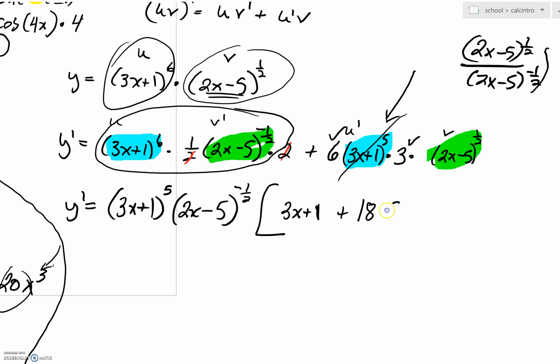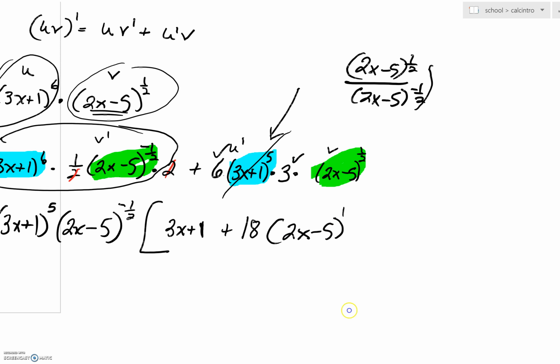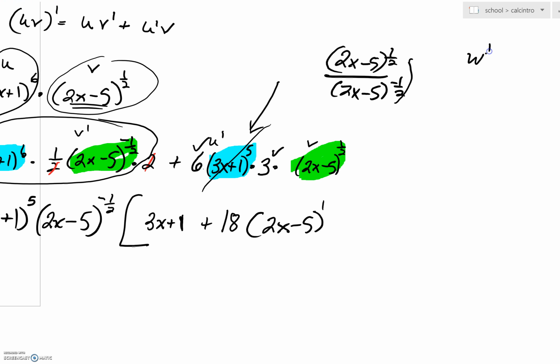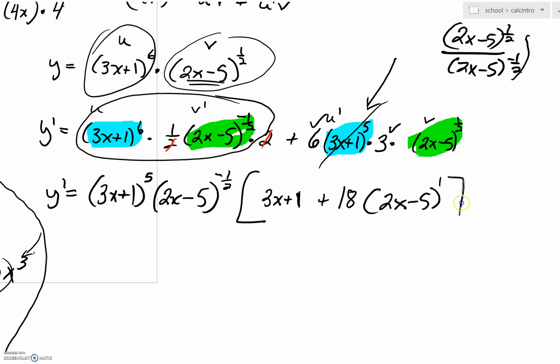And what does it really become? 2x minus 5 to the 1. Right? Think of it this way. If I gave you w to the 1/2 all over w to the negative 1/2, isn't this guy coming up and you'll have w to the 1/2? And won't that just make w to the 1 whole power? That's what we're seeing right here. And that's the smart way to simplify this.